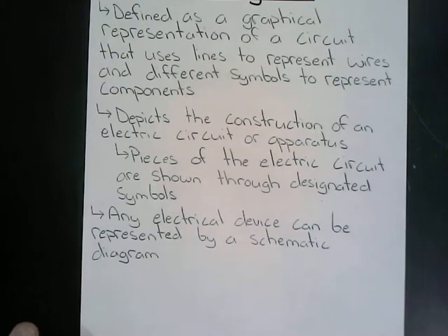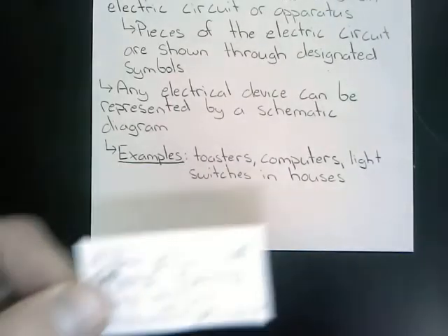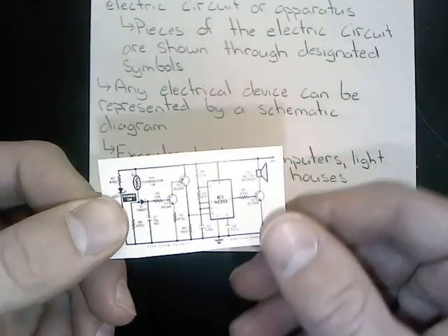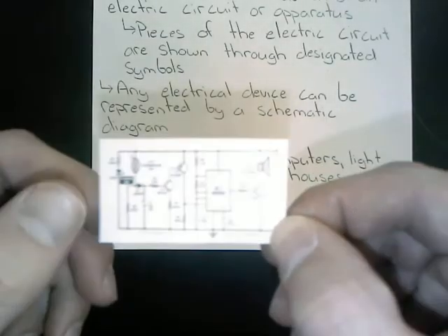This can be anything from toasters or computers to something as simple as a light switch in your house. Just to show you an example, here's a Google image I found, and this is the schematic diagram of a speaker.